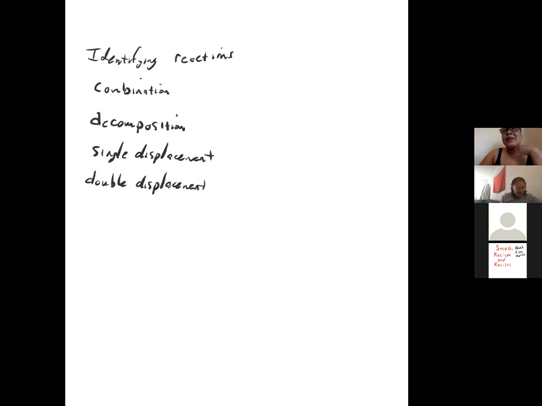Combination is when you have something that's simple reacting with another thing that's simple to get something more complex. Combination, right? So A plus B turns into AB. AB is more complex than A. AB is more complex than B. That's called a combination. Decomposition is essentially the reverse of that. You've got something that's complex and it breaks up into things that are simpler, right?